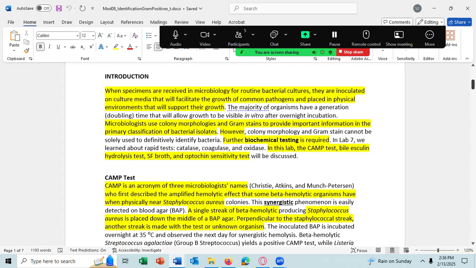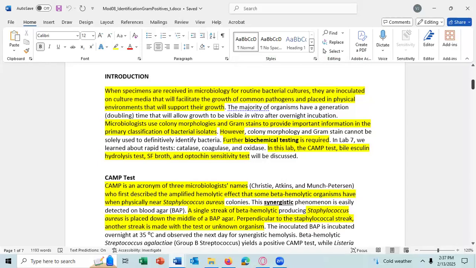When specimens are received in microbiology for routine bacterial cultures, they're inoculated on culture media that will facilitate the growth of common pathogens, placed in physical environments that will support their growth. And we use media that would be suited to the pathogens we find where we get the samples from.